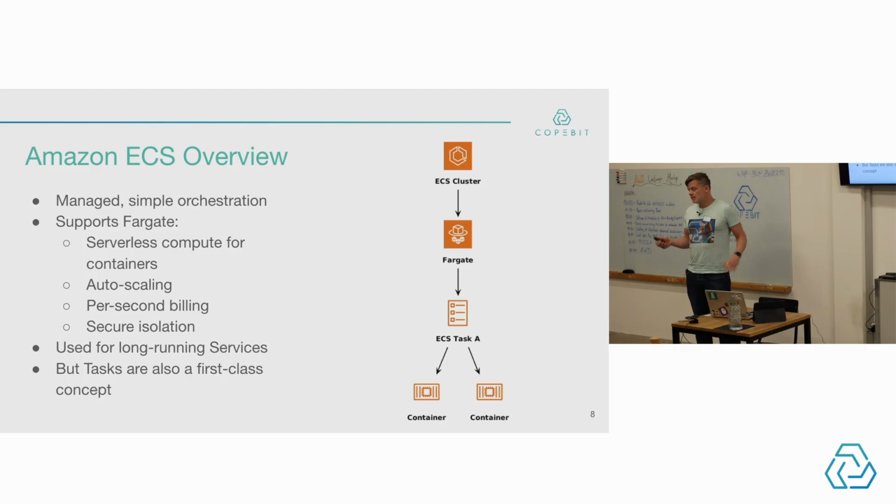But ECS is way easier to set up, and if you're using it together with Fargate, you don't even have to provision any EC2 instances for the capacity. I don't know how many people here have used ECS, or are you more used to EKS, Kubernetes?